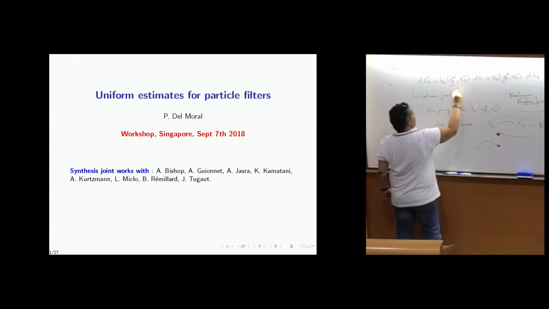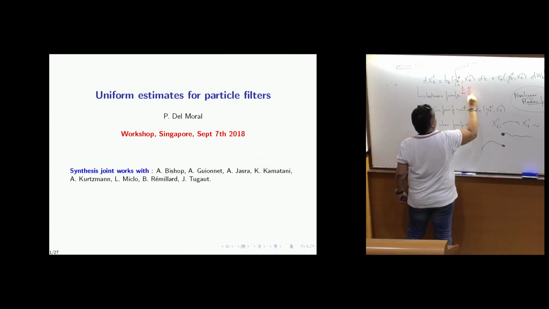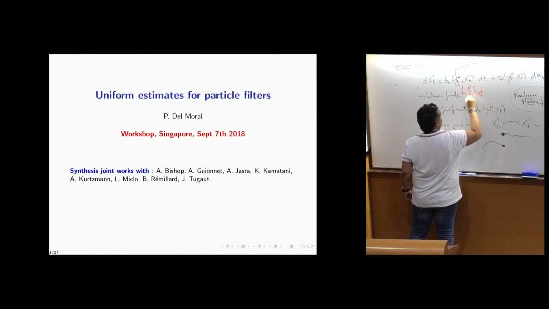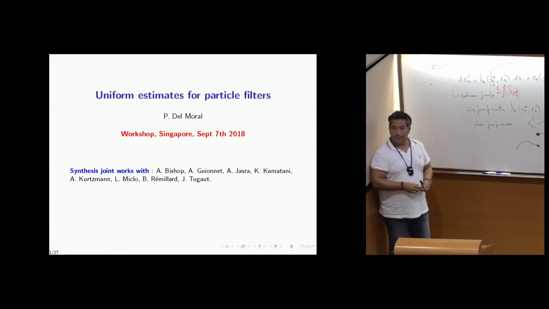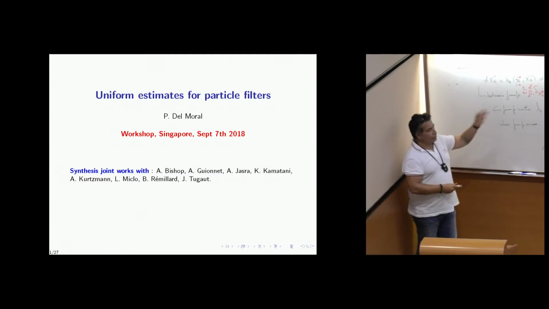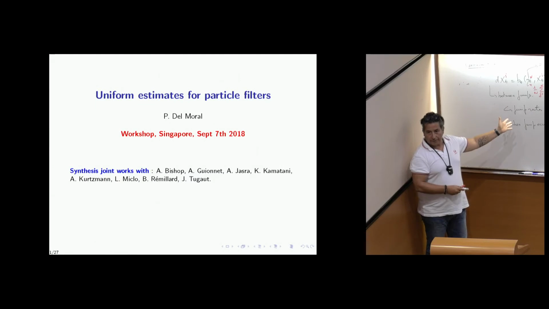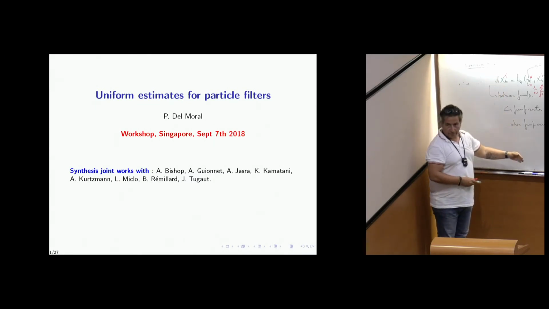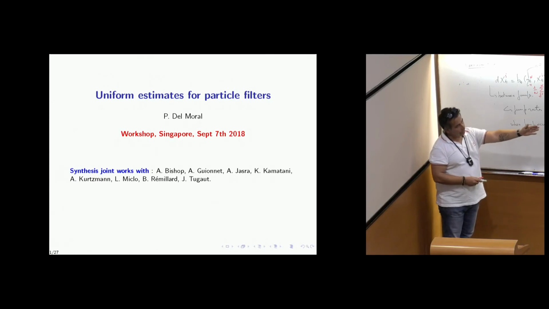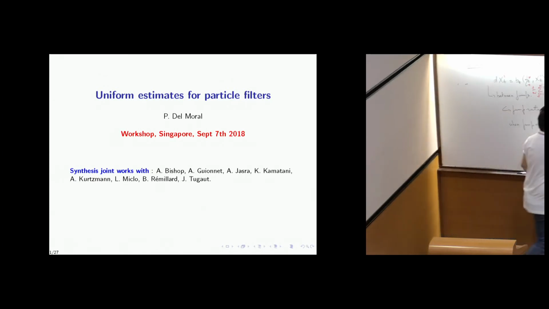And this is the empirical measure of the particles. Okay? Simple. So when you have this, there is a generator associated to that. The generator associated to the whole system of particles can be written in terms of the generator associated to this one. So I will write it now.